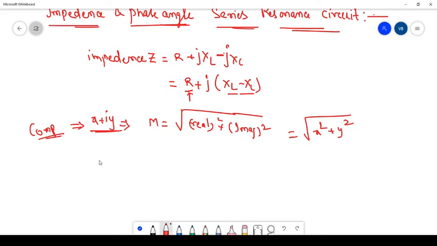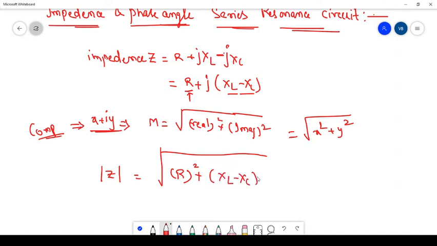So the magnitude of impedance is the square root of R squared plus (XL minus XC) whole squared. This is the impedance magnitude of the series resonance circuit.